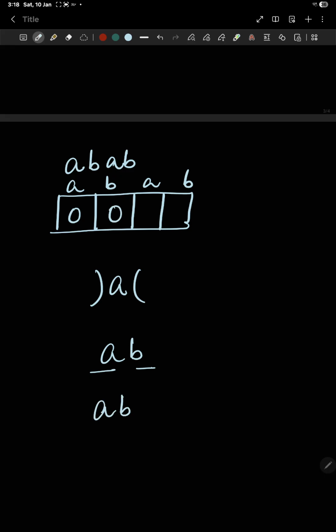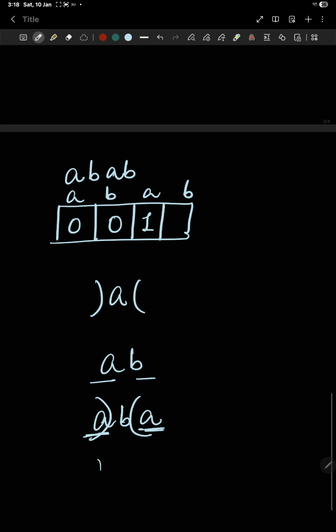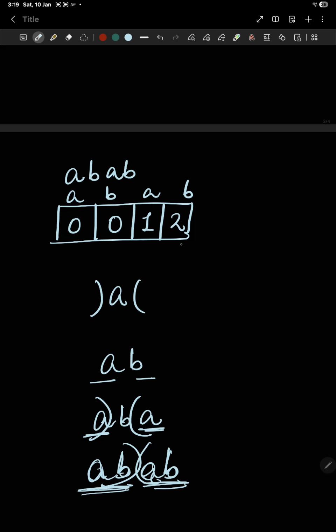If we take a b a, the prefix and suffix a are similar, so 1. Then a b a b, same, this a b a b is 2. These are two characters, a and b, so that's why here 2.